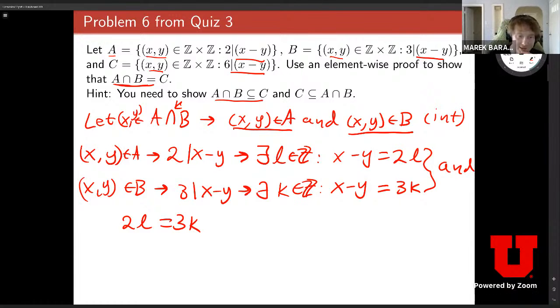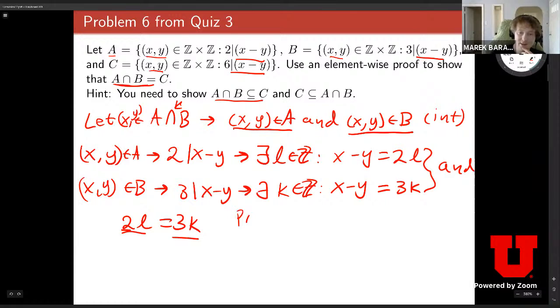Now, we know these are both integers, and if we remember prime factorization, it's unique, which means the prime factors of this side are equal to the prime factors of this side.